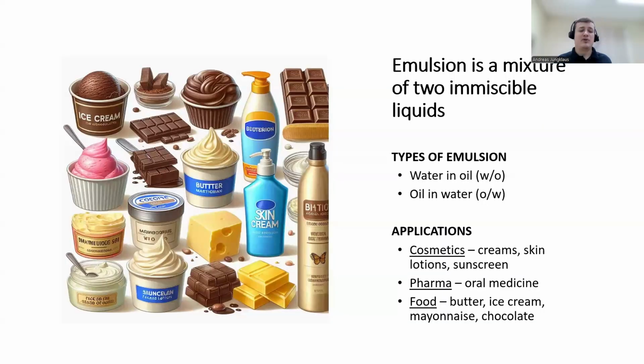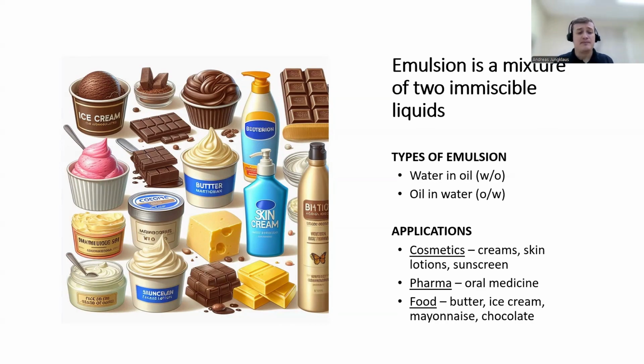Well, emulsions are part of our daily lives. We use and experience them in many food and cosmetic products, sometimes unknowingly. If the mixture were a combination of a liquid and a solid, that would be called a dispersion. But when a mixture involves two immiscible liquids, we refer to it as an emulsion.